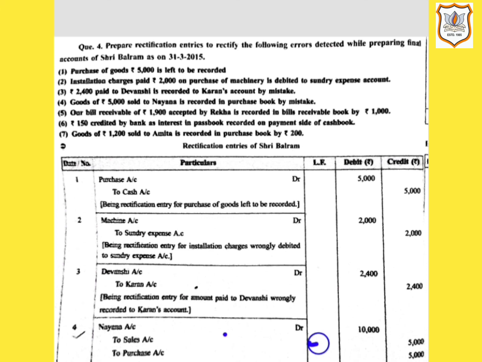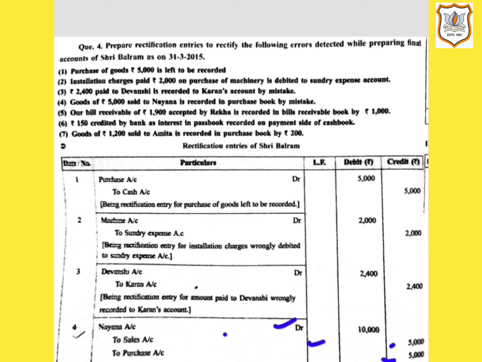Here it is by rupees 5,000, while wrong entry of credit purchase will be reversed. Therefore, Naina's account will be debited and purchase account will be credited by rupees 5,000. Thus, Naina's account will be debited by rupees 10,000, as we have seen it in working note also.